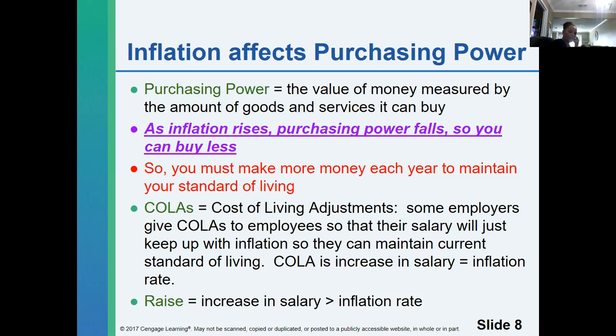That allows you to keep your same purchasing power. A raise really is when your salary increases by more than the inflation rate. If the inflation rate is 2.4%, but you only get a 1% raise, you're still losing purchasing power.